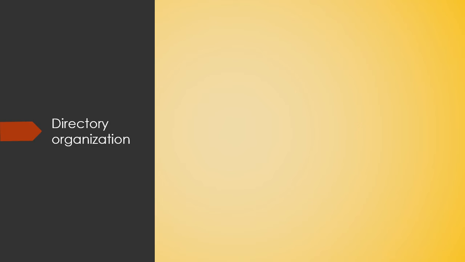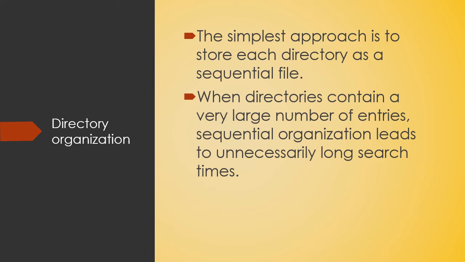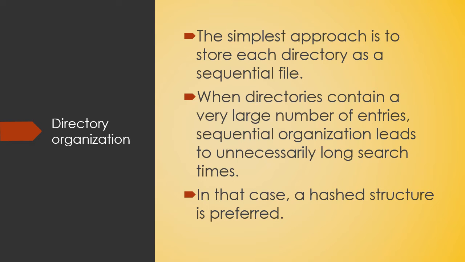Directory organization. The simplest approach is to store each directory as a sequential file. When directories contain a very large number of entries, sequential organization leads to unnecessarily long search times. In that case, a hashed structure is preferred. Naming.